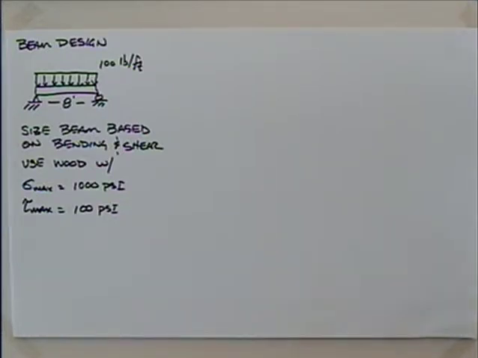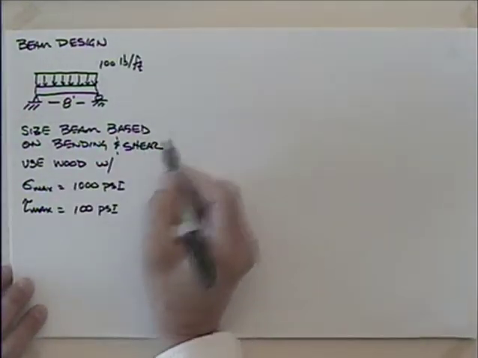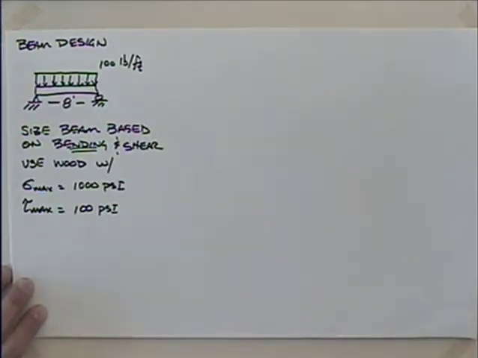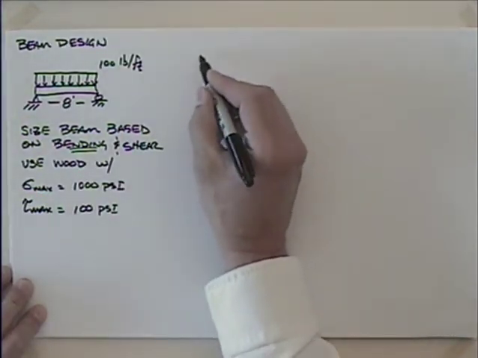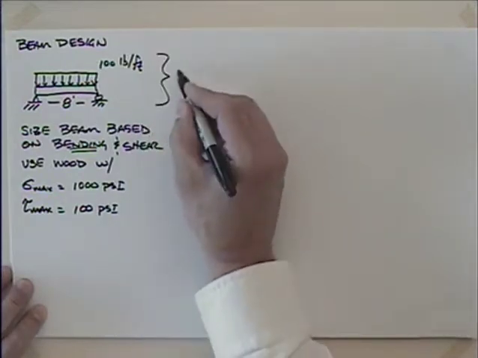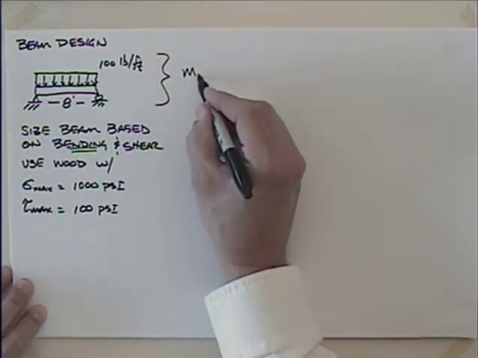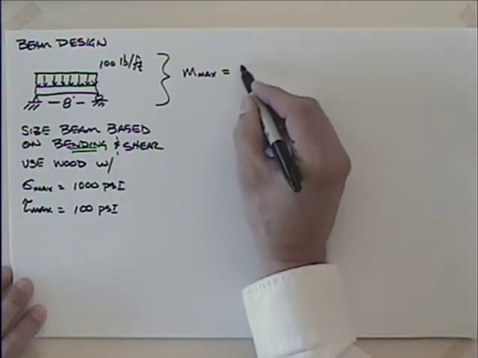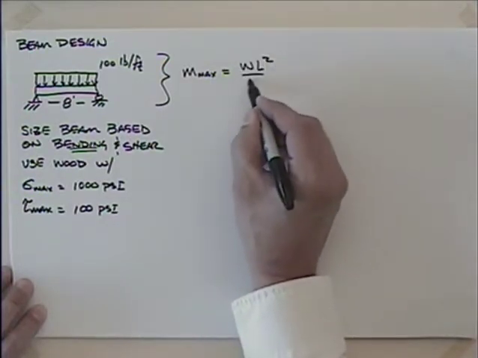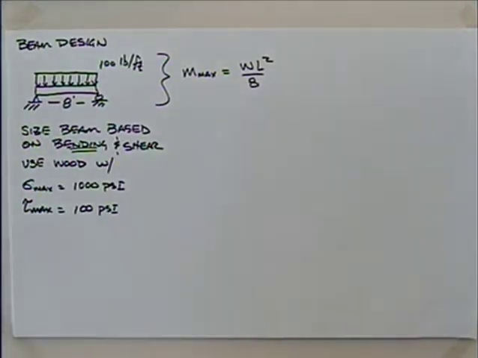So this is a little bit like the problem we did with the garage door beam or the garage door header. We usually start out with bending, figure out what the size is for bending, and then we check with shear. So if we look at this based on this right here, what's M, the moment max? Well, for distributed load, we know that that has to be what? WL squared divided by 8? I mean, you could go through the shear and moment diagram, but at the end you come up with WL squared over 8.